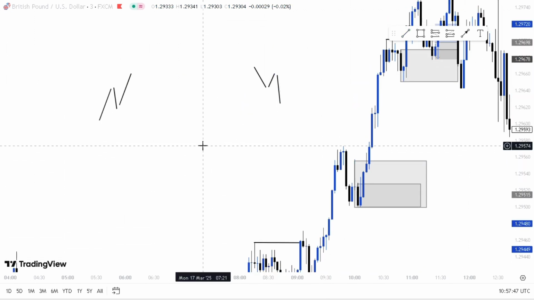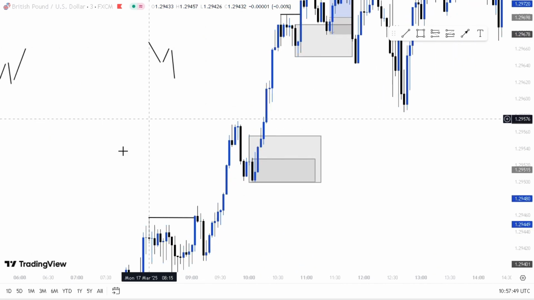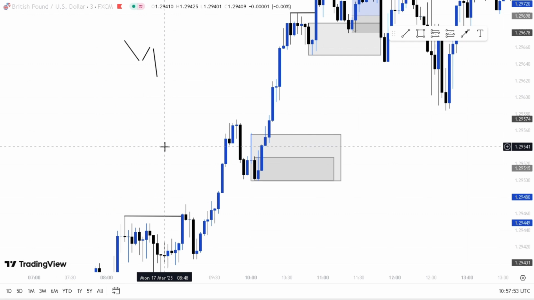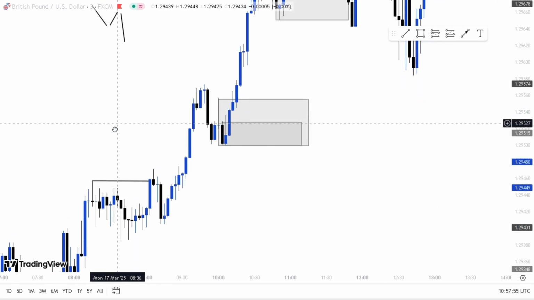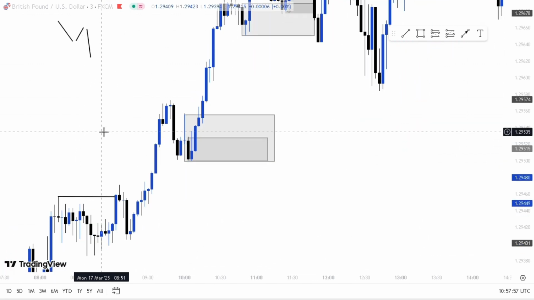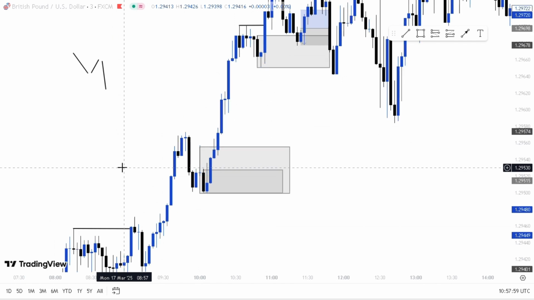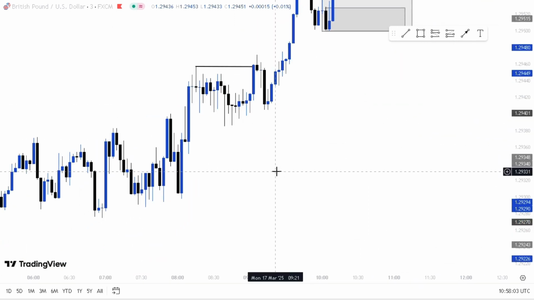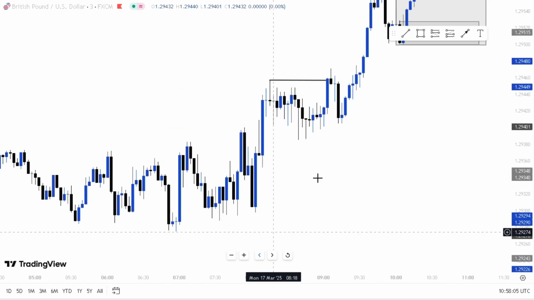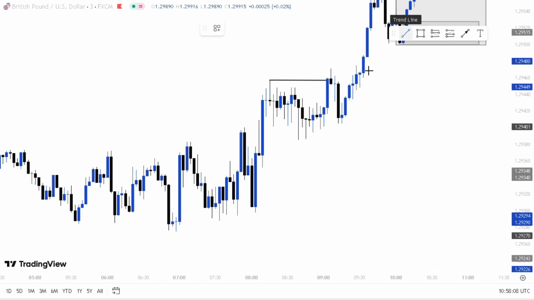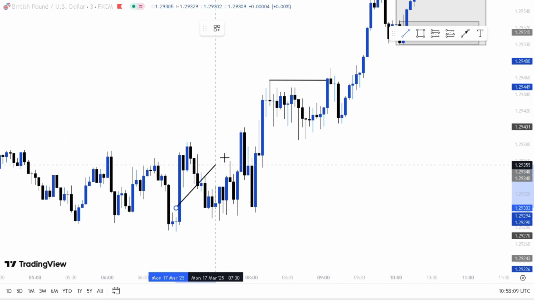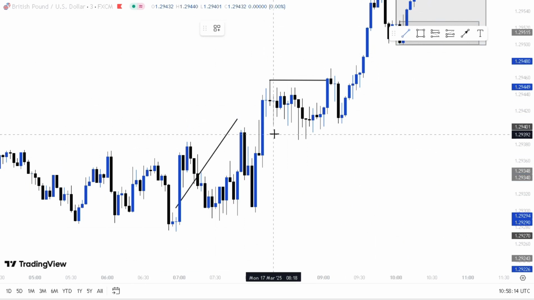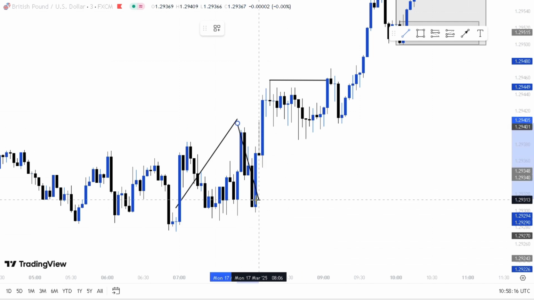Market does that. As you can see right here, I have a chart open on GBP USD. This is the M3 chart, and here's a chart example of a bearish market. It started right here. As you can see, we're moving up. So there, market decides to go down.